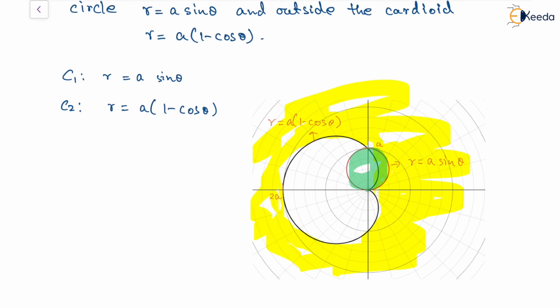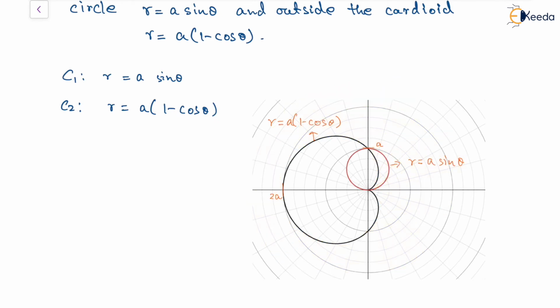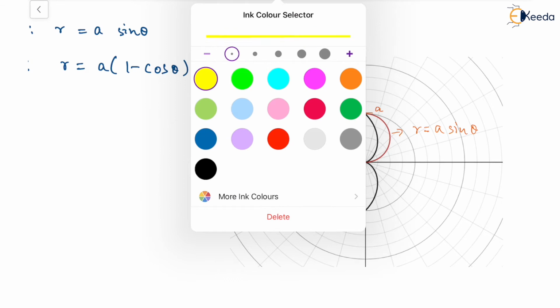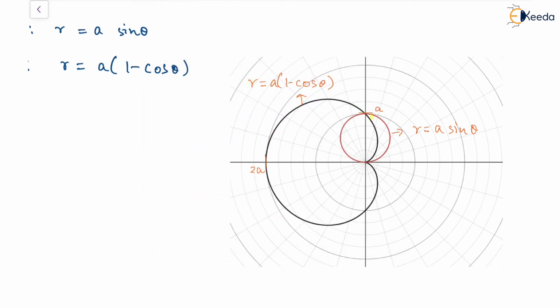So the common area is going to be this one. With that understanding, what we are looking for is this area. This is the region which is inside the circle but outside the cardioid.